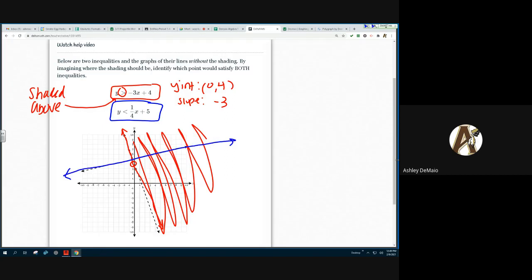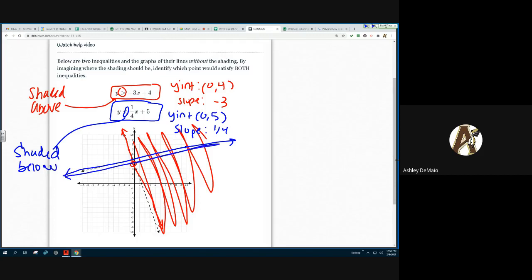So you don't have to tell me the y-intercept and slope, but if you would like to, you can. Our y-intercept is 0, 5. Our slope is 1/4. And we're going to shade this one below. So this one's shaded below because we have a less than sign. So you're going to color this in below.